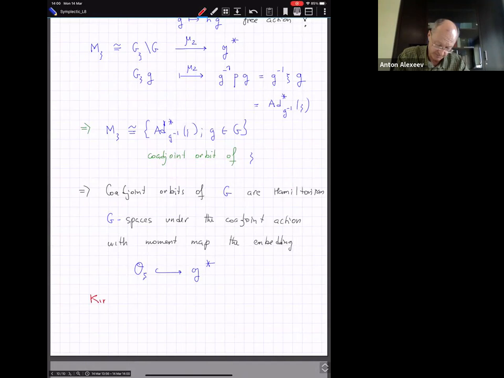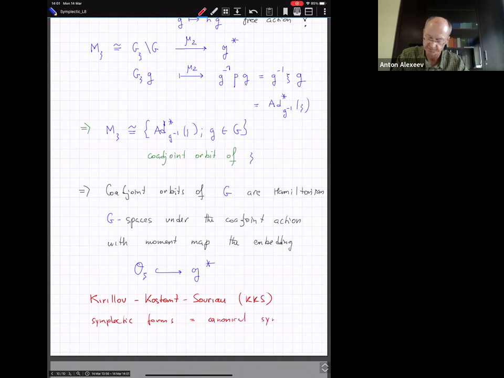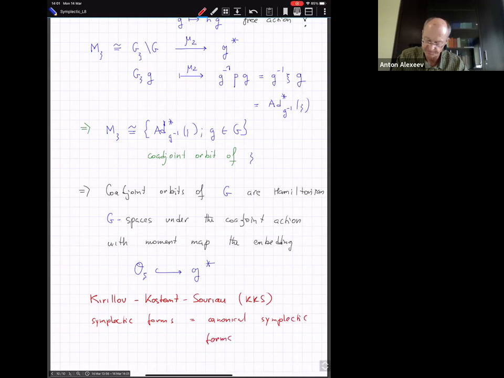Also, the name of those symplectic forms is Kirillov-Kostant-Souriau, or often people say KKS symplectic forms, or also canonical symplectic forms on coadjoint orbits.